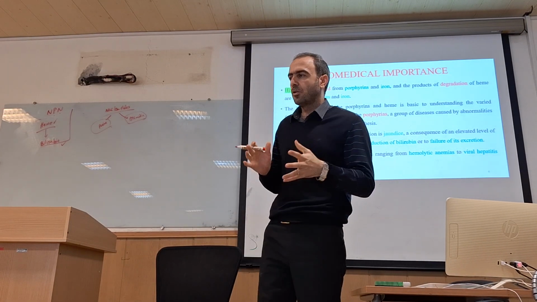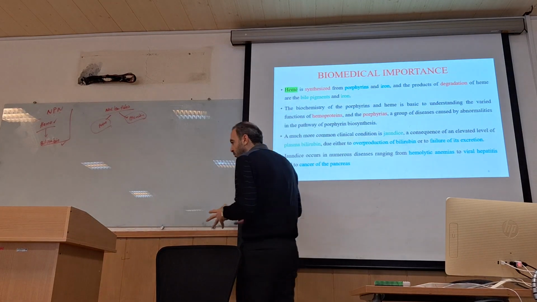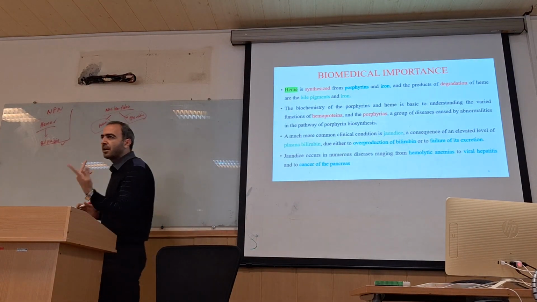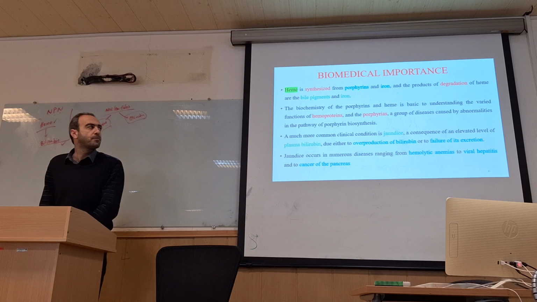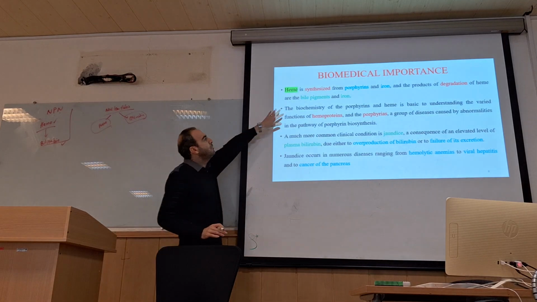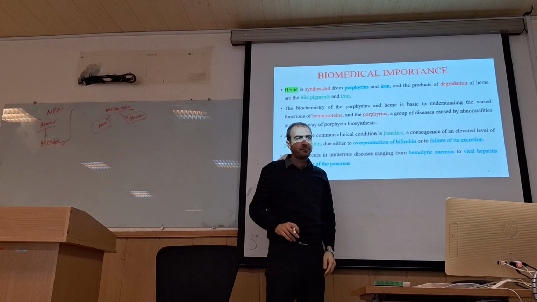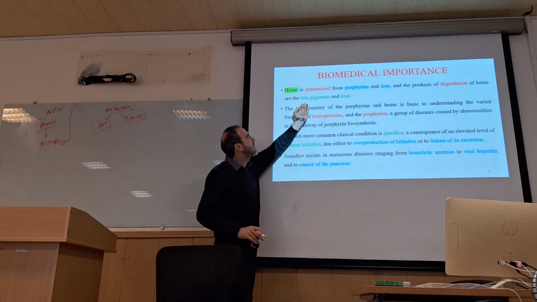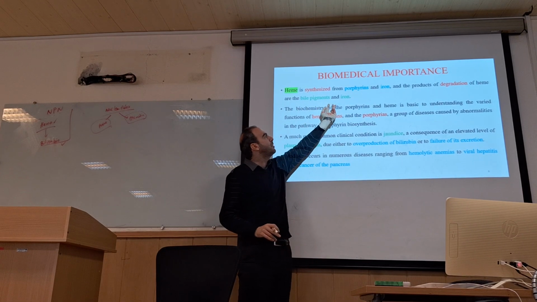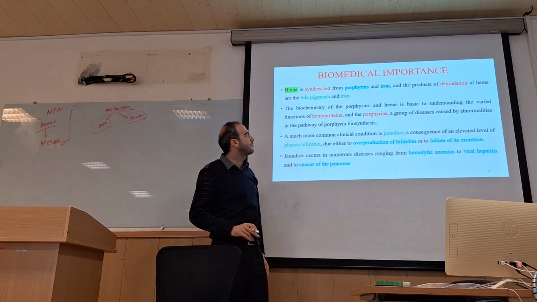Liver. So liver and bone marrow are the two main sites for heme synthesis in our body. Heme is synthesized from porphyrin and iron, and when degraded, it is degraded to bile pigment and iron again.